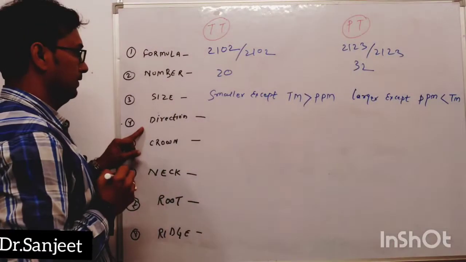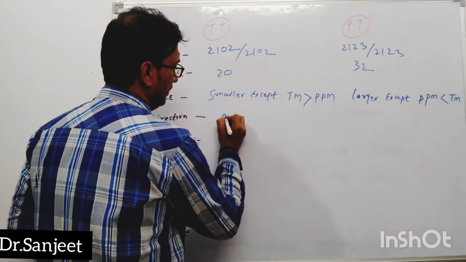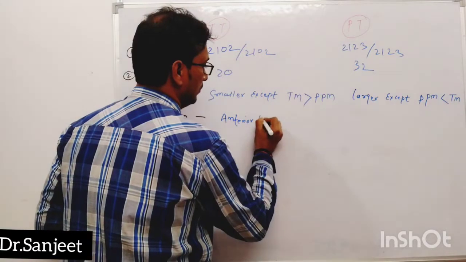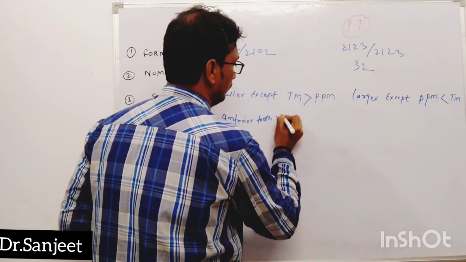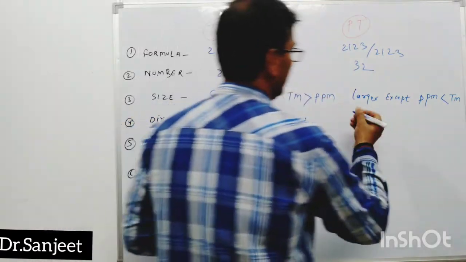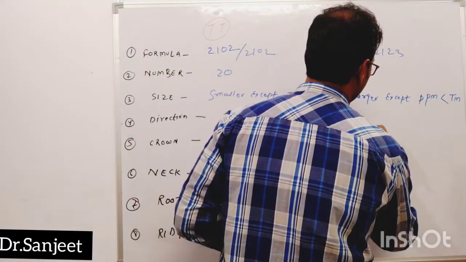Then direction: the anterior tooth is vertical, but in this case it is inclined forward.